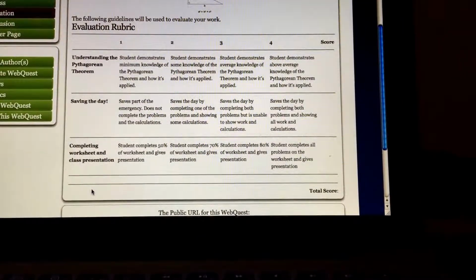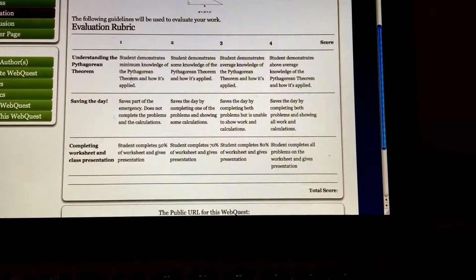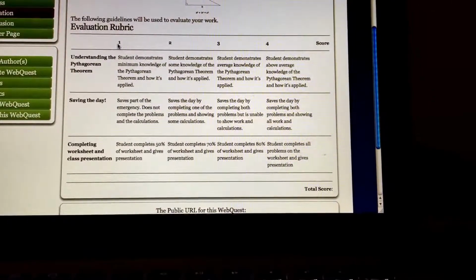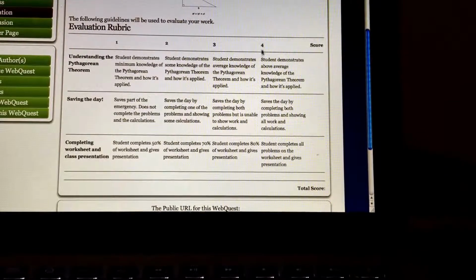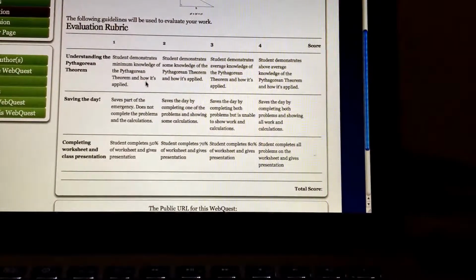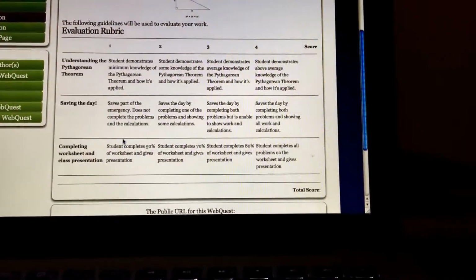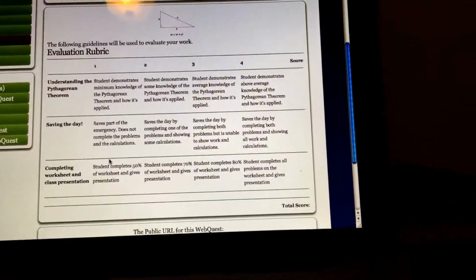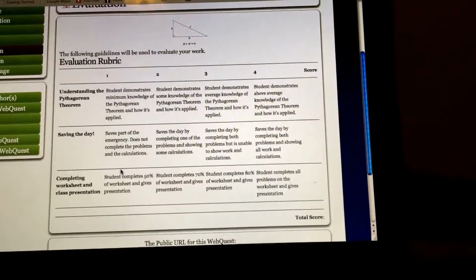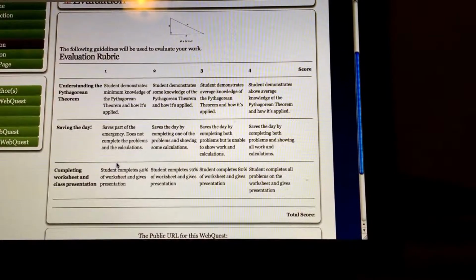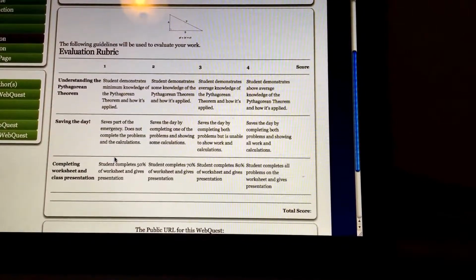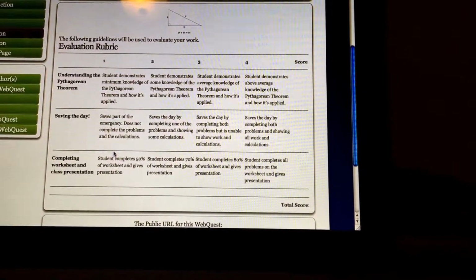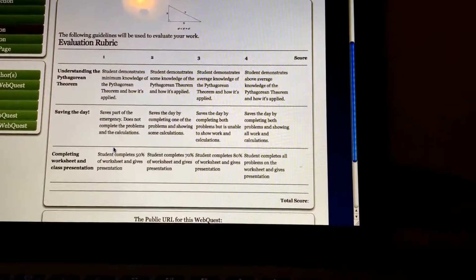Understanding the Pythagorean Theorem. You get a score of 1, a score of 2, a score of 3, or a score of 4 on all 3 categories. Now, a score of 1 under understanding the Pythagorean Theorem is where you demonstrate minimum knowledge of the Pythagorean Theorem and how it's applied.